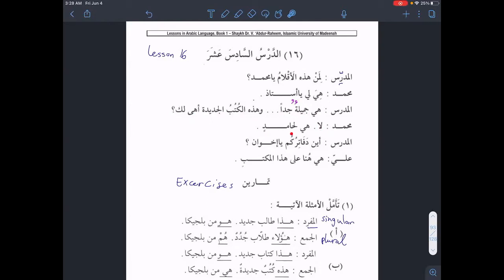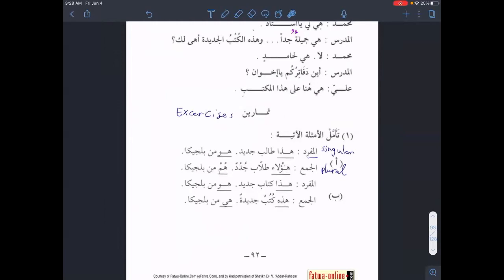No, they are Hamed's. المدرس: أين دفاتركم يا إخوان؟ Where are your notebooks, brothers? علي: هي هنا على هذا المكتب. They are here on this table.